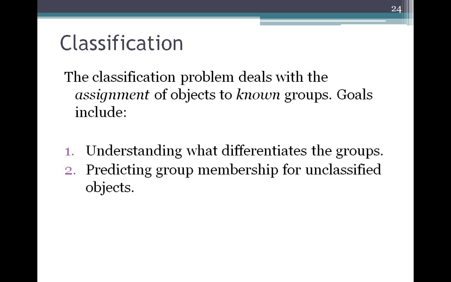Now, one of the classic applications of classification is when a credit card company looks at its customers and tries to mathematically determine what characterizes a client that pays their bills on time versus a client that doesn't, with the goal of using whatever methods they come up with to determine for new, potential customers whether they're likely to be a good credit risk or not.